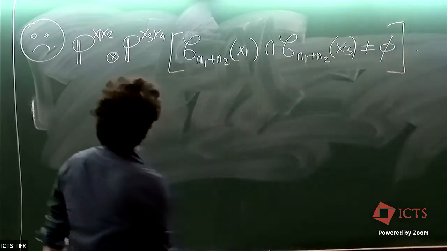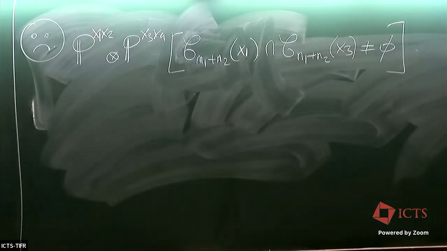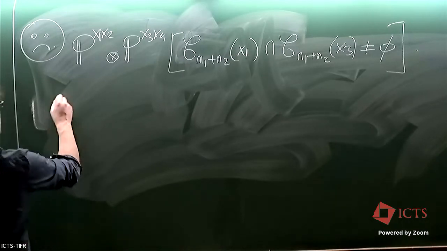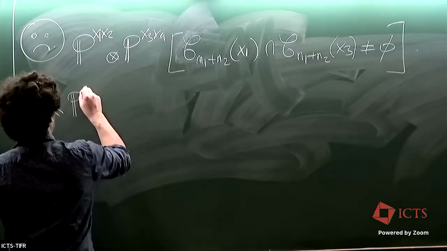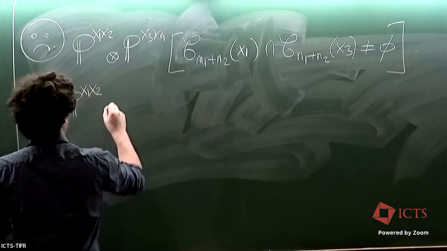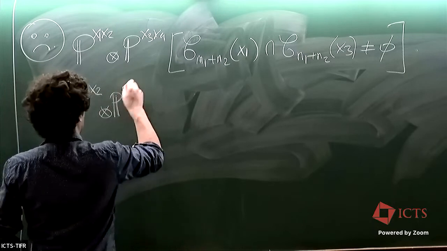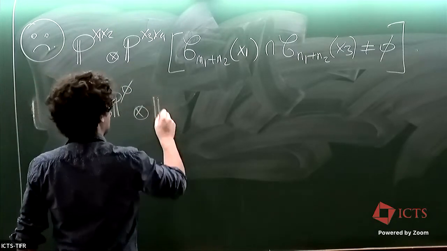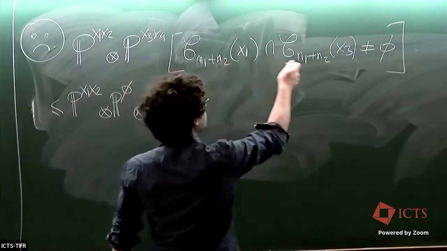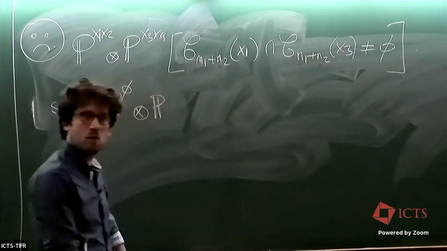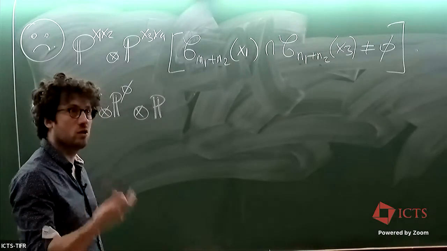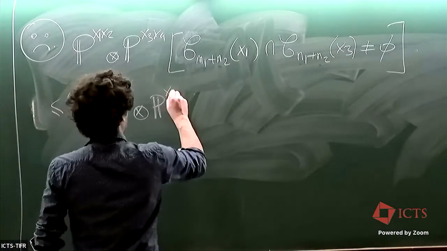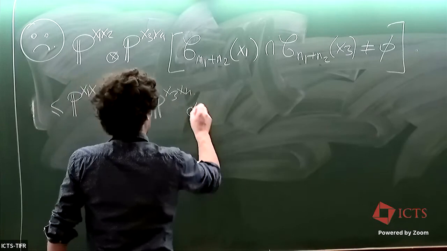I claim, and it's not difficult to check but not super intuitive, that it's smaller than the probability if you take, I'm decoupling basically here. I don't like that I have N1 plus N2 and N1 plus N2. I would like to have disjoint currents. And it's not difficult to check that you can take 4 currents.